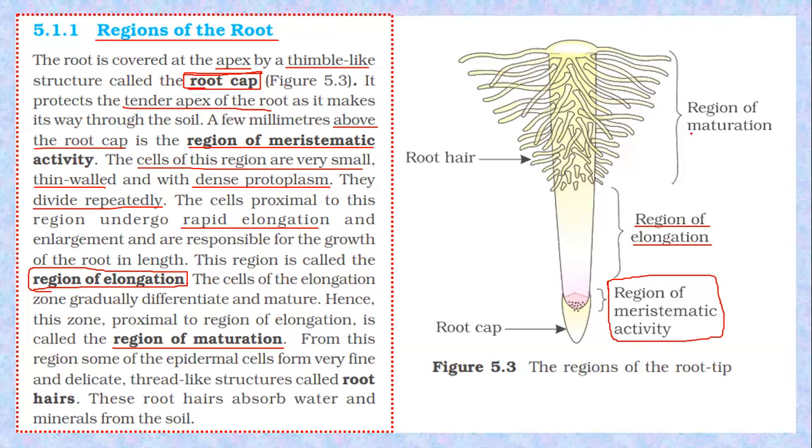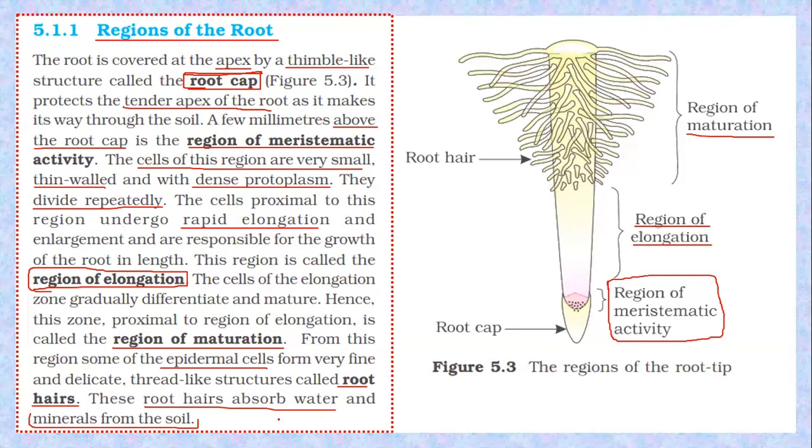For maturation, they move on to the region of maturation. From this region of maturation, some epidermal cells, which are very fine, delicate thread-like structures called root hairs, originate. These root hairs absorb water and minerals from the soil.